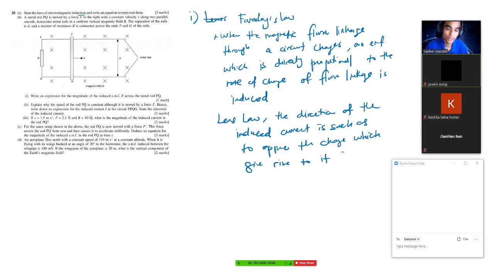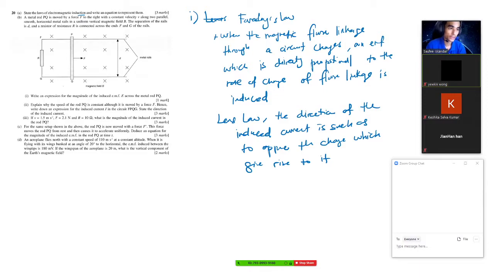Okay, so Faraday's law basically says that when we have a change of magnetic flux, such as with a solenoid, where a magnetic bar goes into the solenoid and we take it out, going in and out, there will be a change of magnetic flux, so there will be an induced current inside the solenoid.